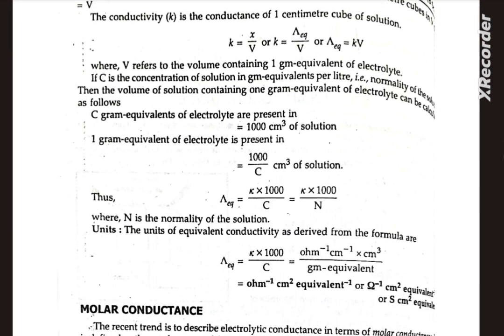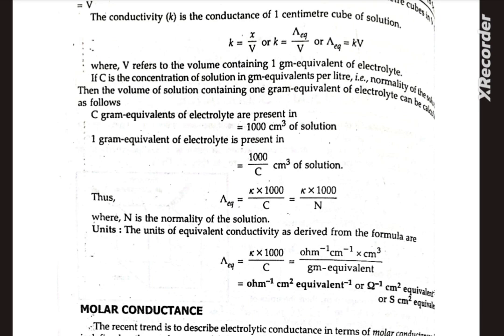C gram equivalents of electrolyte are present in 1000 centimeter cube of solution. 1 gram equivalent of electrolyte is present in 1000 divided by C centimeter cube of solution. Thus, lambda equivalent will be equal to kappa into 1000 divided by C, or kappa into 1000 divided by N, where N is the normality of the solution.